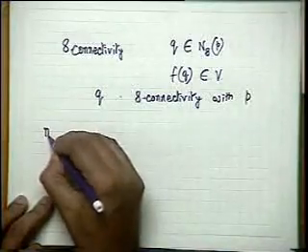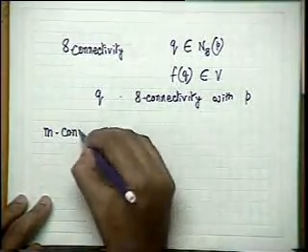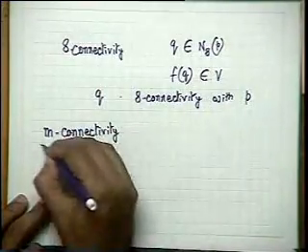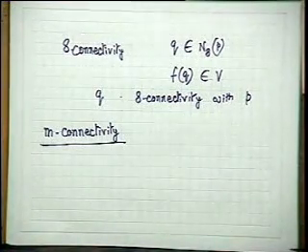Let us see how it is. The next definition is on a mixed connectivity, or we call that M connectivity, and M stands for mixed connectivity.